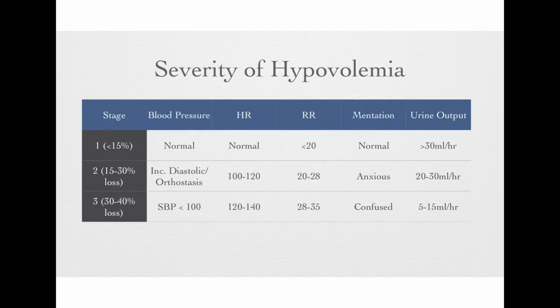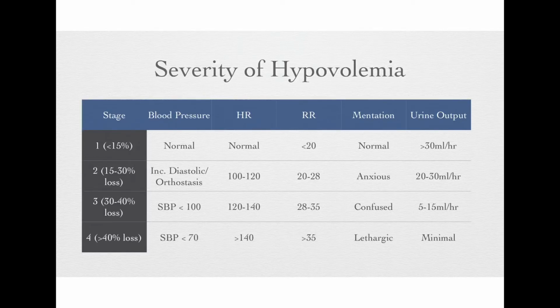From 30 to 40% of total blood loss, the resting blood pressure, not the orthostatic blood pressure, actually drops. So the systolic is less than 100, typically greater than 70. Heart rate is even more markedly increased to 120 to 140. Respiratory rate is even more increased. The patient's mental status deteriorates to the point where they're confused, and urine output drops even more significantly.